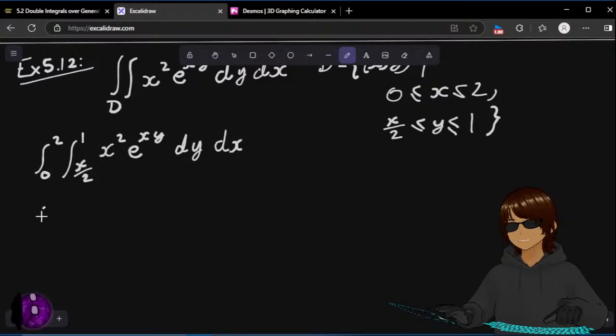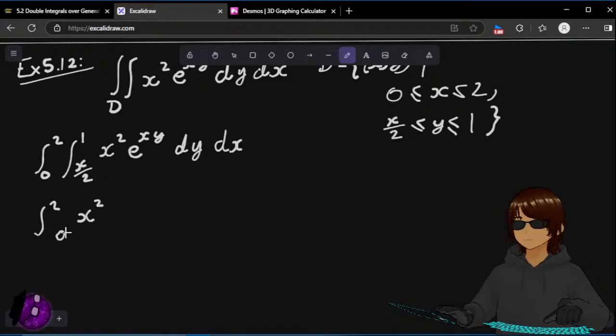So first we derivate with respect to y, and x square would be a constant.